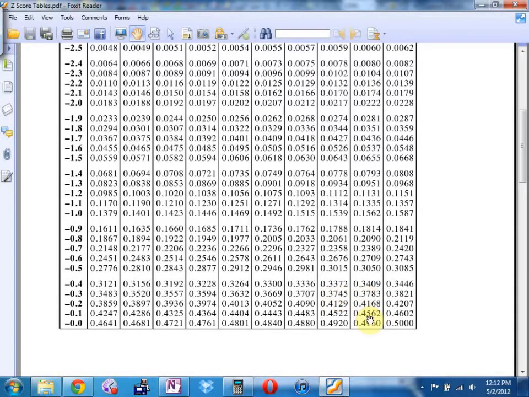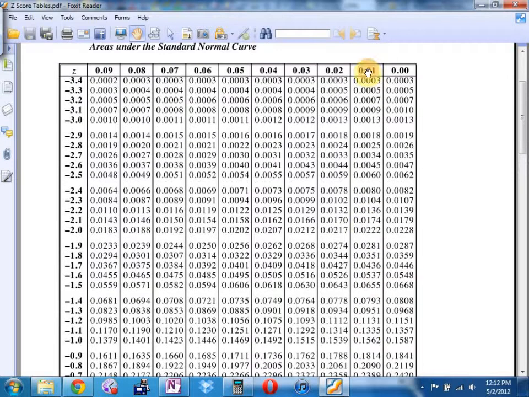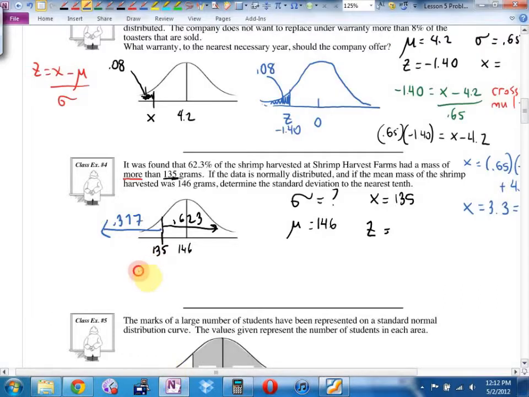Which one's closer? Let's use that one, which is negative 0.31. The z that goes with this is negative 0.31.